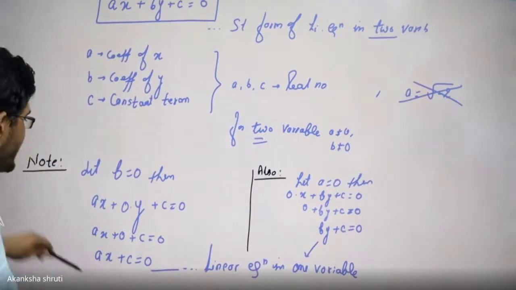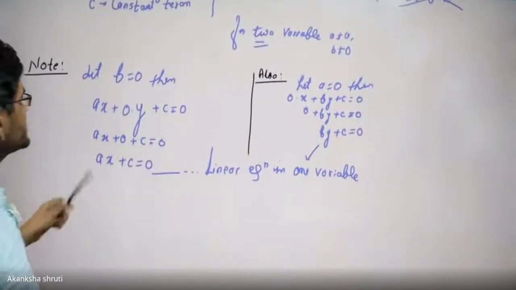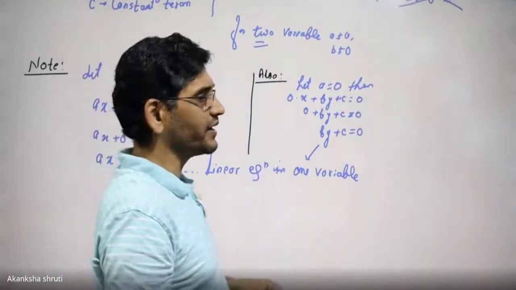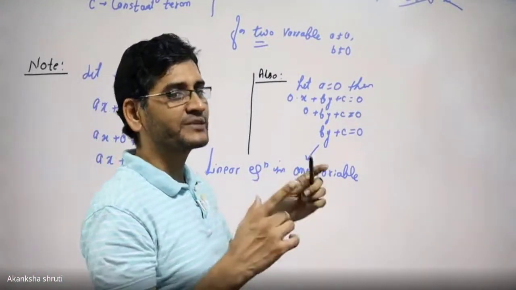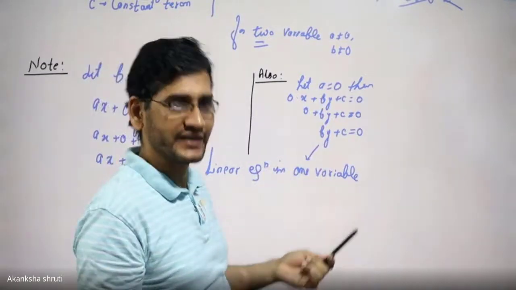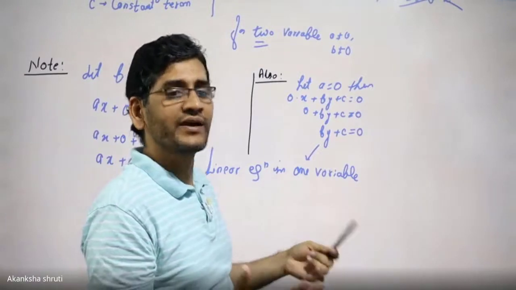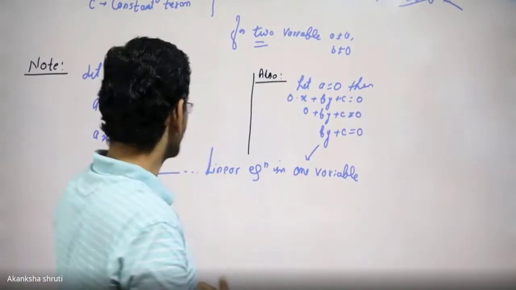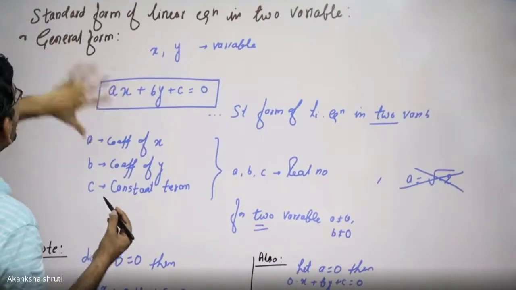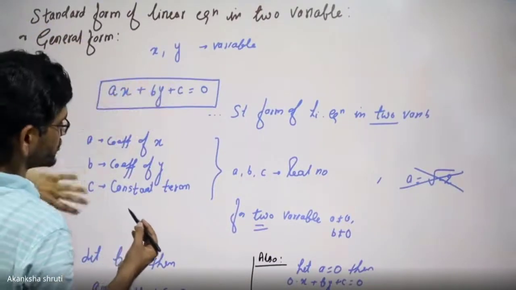So students, keep in mind, if there is a linear equation in one variable, then that may be expressed in terms of two variables by considering the missing variable as the term with 0 coefficient. So this was the standard form of linear equation in two variables.